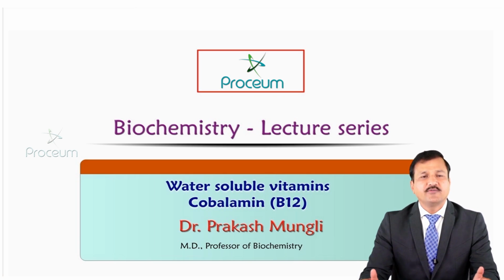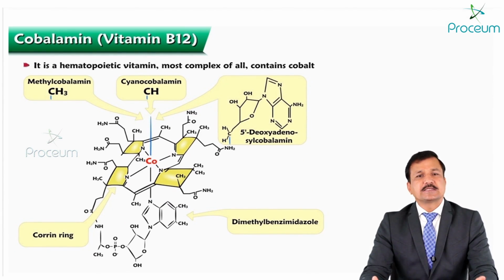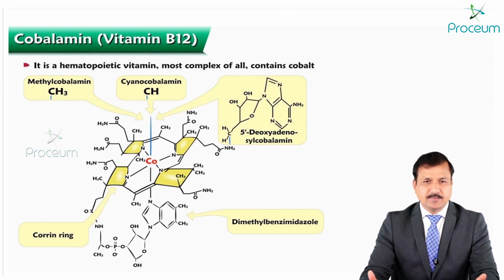In this video, I will be explaining all about vitamin B12, which is cobalamin. Vitamin B12 is a hematopoietic vitamin along with folic acid. So, both cobalamin and folic acid are hematopoietic vitamins.